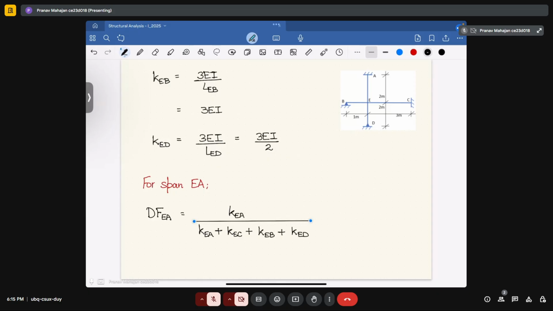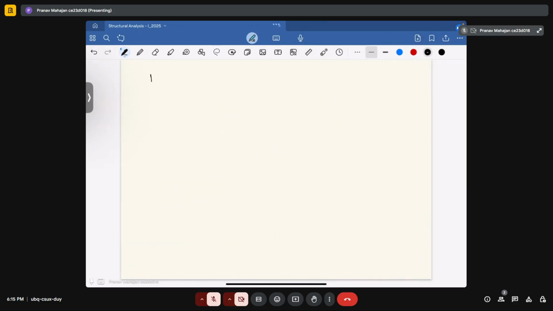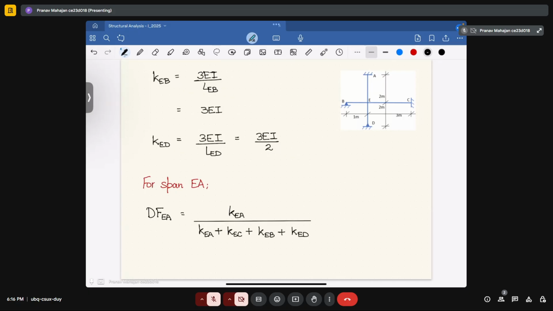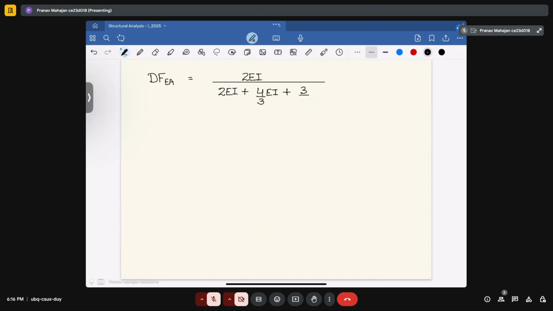So DF for EA will become equal to twice of EI, which we calculated earlier, divided by twice of EI plus 4 by 3 of EI plus 3 by 2 of EI plus 3 of EI. Okay, now you have to solve this.